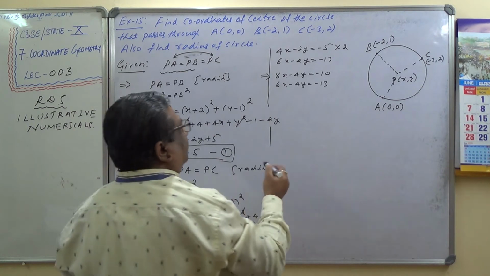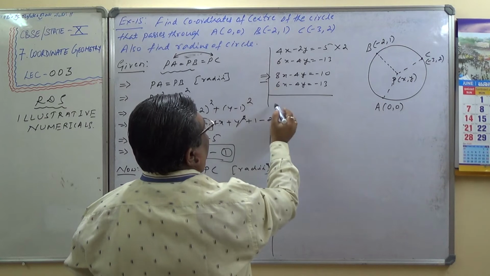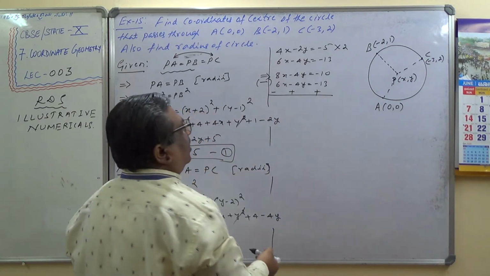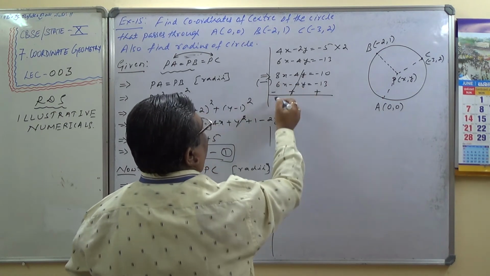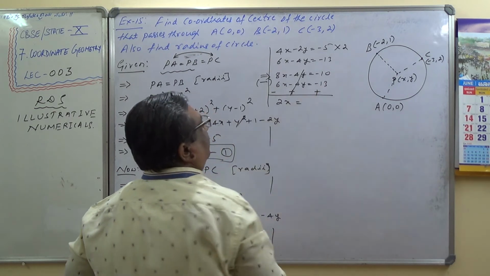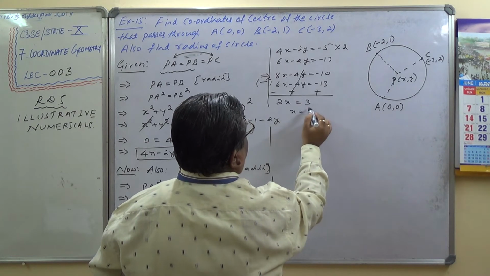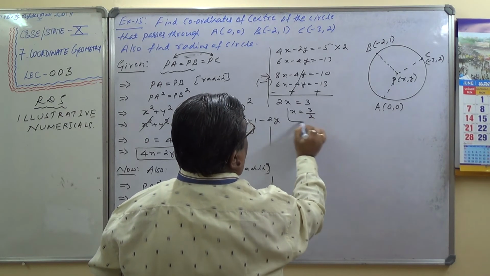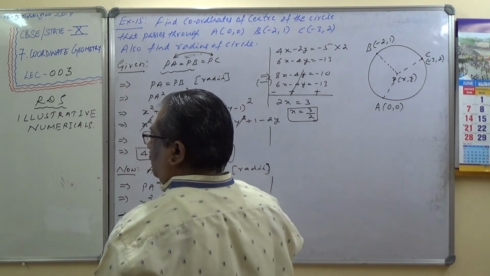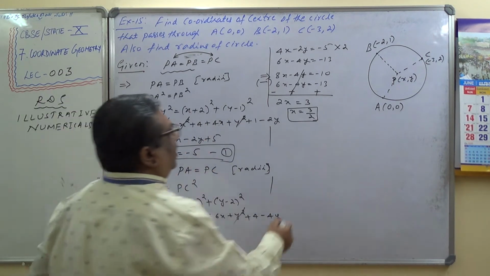Okay, now what I will do here, it is a subtraction, and therefore this is minus, this is plus, these two will get cancelled. 8 minus 6, 2x equals 13 minus 10, which is 3 here. X is equal to 3 by 2. We got x is equal to 3 by 2, correct. Now any one equation I will take, equation 1 I will take.